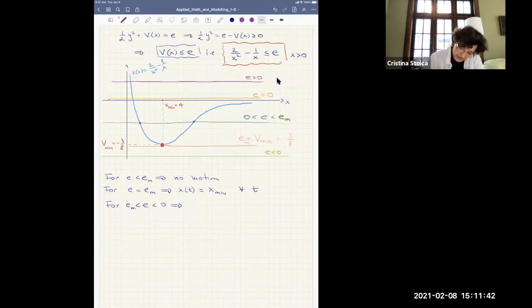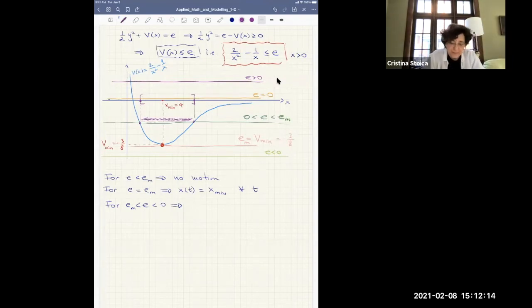So x is allowed to be anywhere in this interval, between a value here and a value here that are the edge points of the allowed region. So that's where x can play, in this violet segment, and it can take a value from the left to the right.